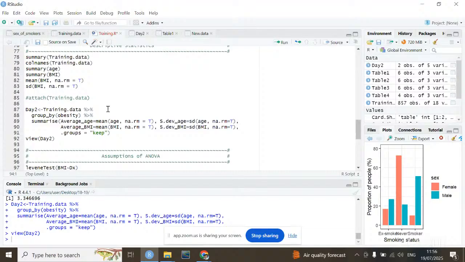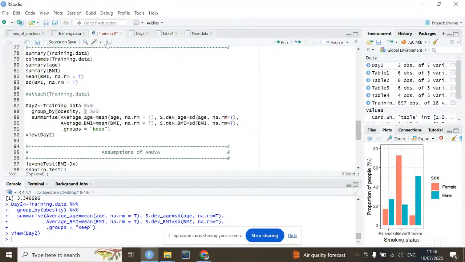But I can decide to group using more than one category. This one may not be necessary if you are grouping with only one category. But what if I want to group with two categories, for instance? Let us first look at the data.